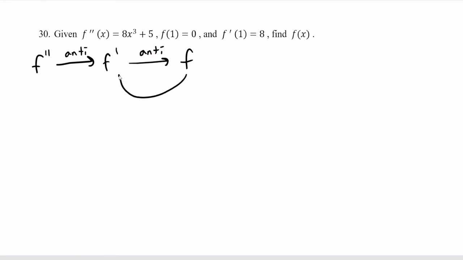Well, I had to have gone derivative, and then derivative. So it should make sense that to get from here to here, if I've got to do 2 derivatives, I should probably have to do 2 antiderivatives to get back, right? 2 and 2.